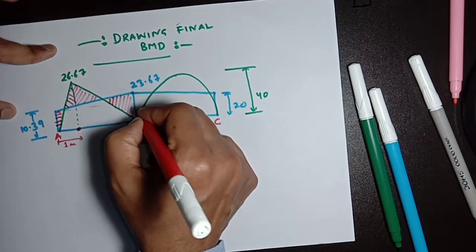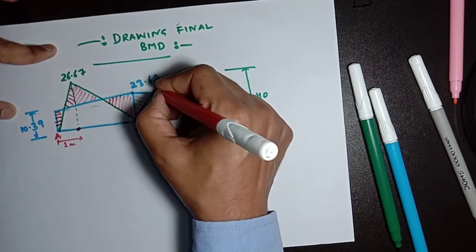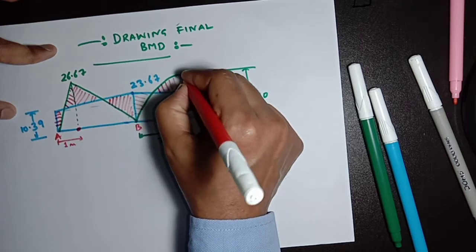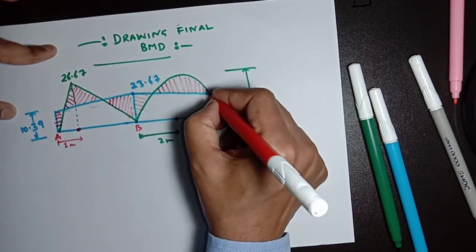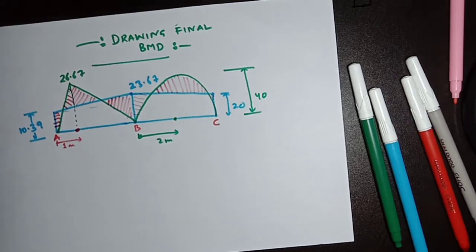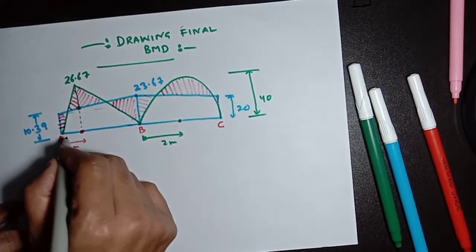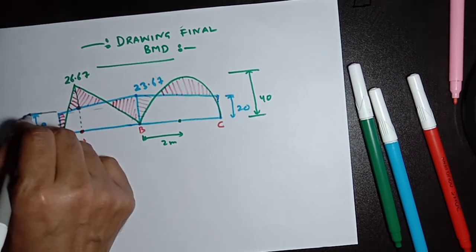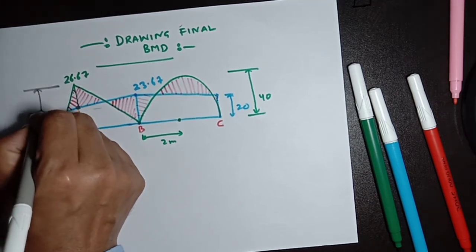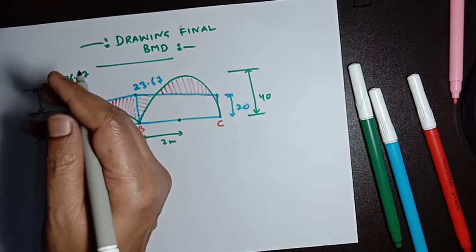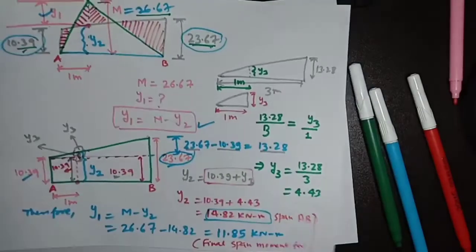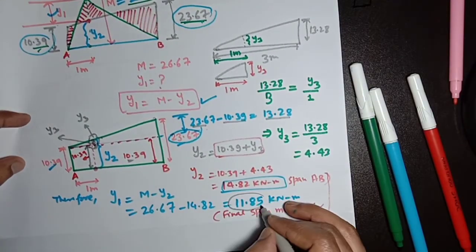This is the support moment, and as we have calculated, this is the span moment for span AB. This value will be 11.85, as we have detailed, the final span moment.